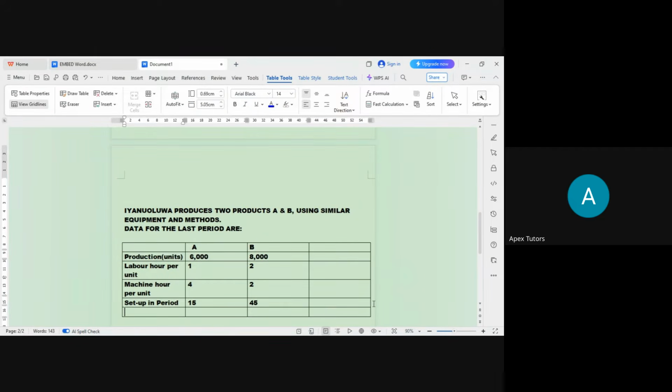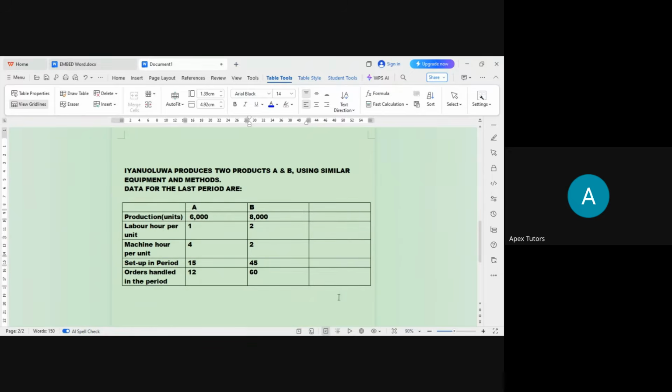And we have orders handled in the period. We have 12 and 60. The point is this: overhead per period.